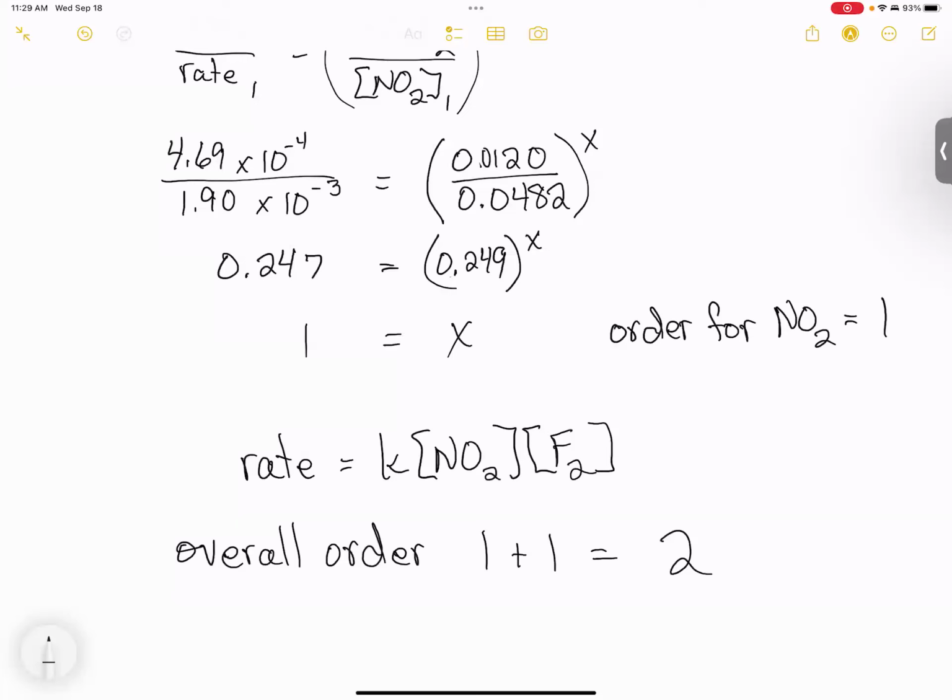The hard and simple truth is I really don't know. What happens is we can determine the rate law for certain. The rate law can be determined for absolute certain.